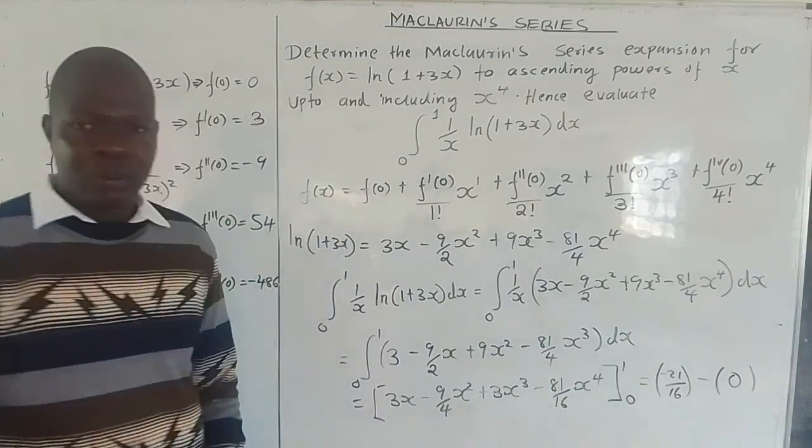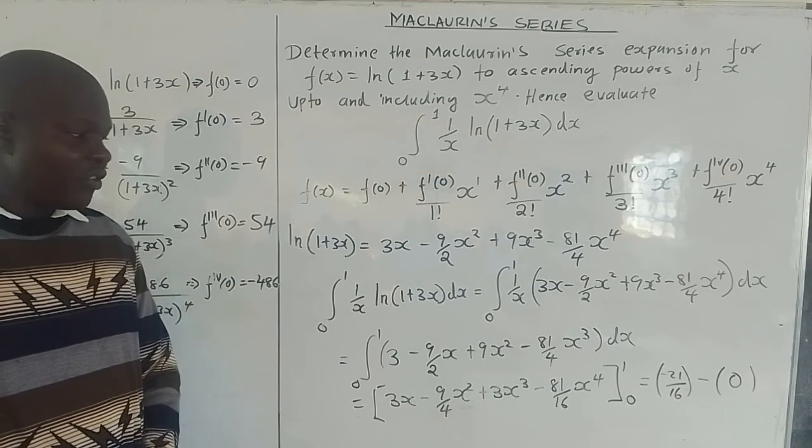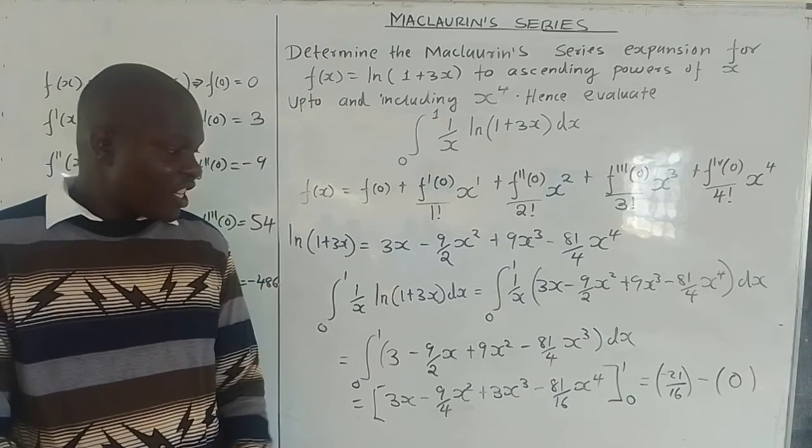Another person. This is 4. 4 times 9 is 36. Can you give me 36 plus 81?